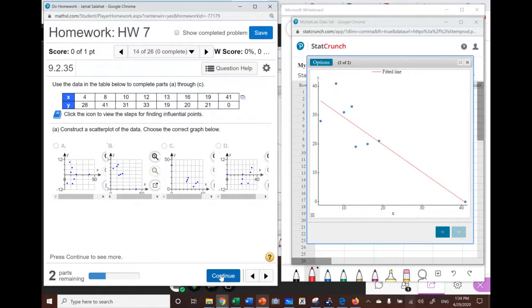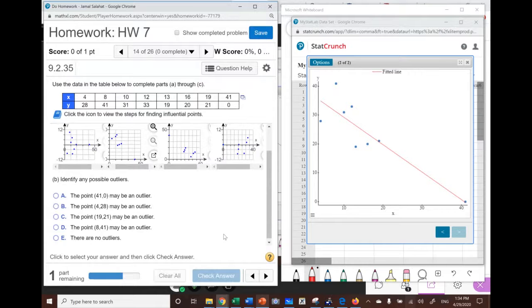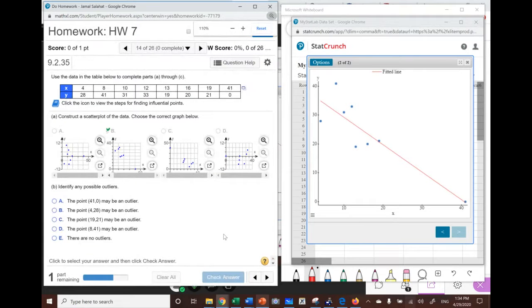The next part of the problem, let me maybe make this smaller for us to see. They're asking about an outlier. Now let's look at the picture. All the points here are clustered, except a point down there that is far away from the rest. Our expectation is that this point will be the outlier.